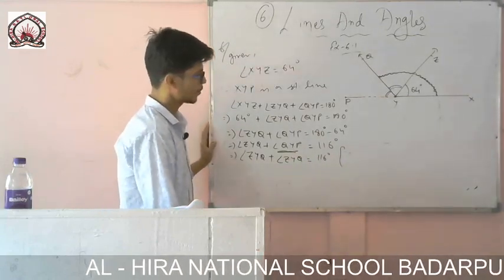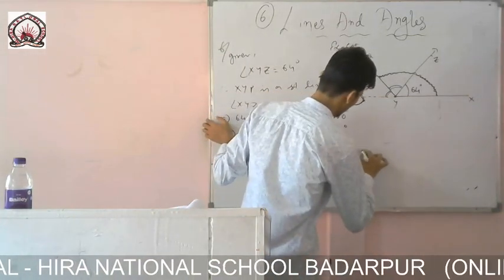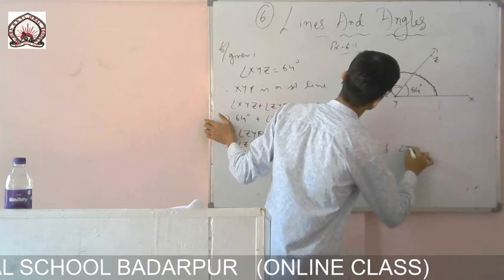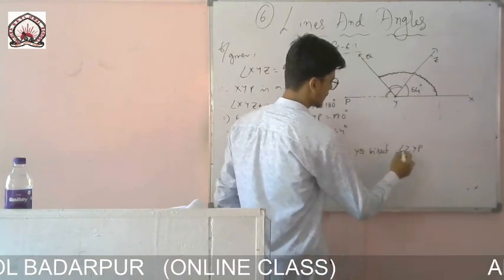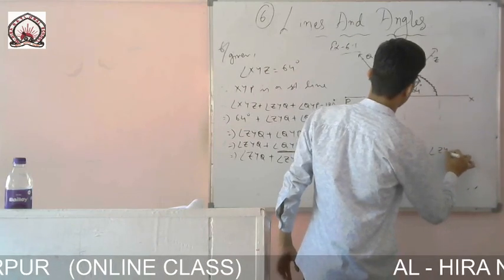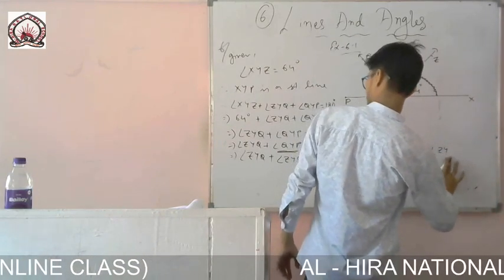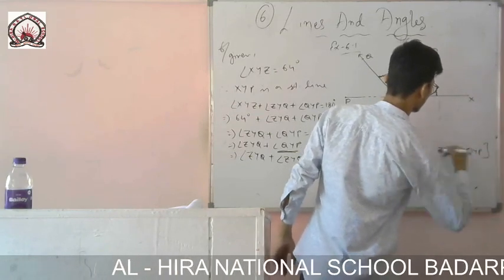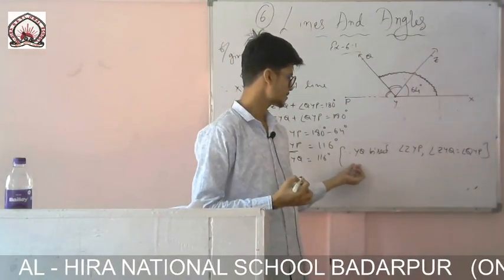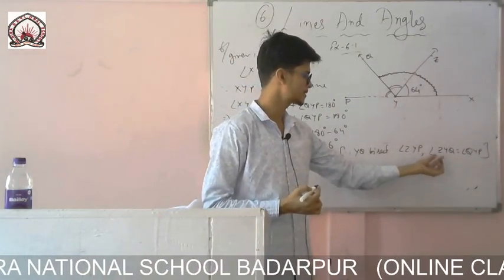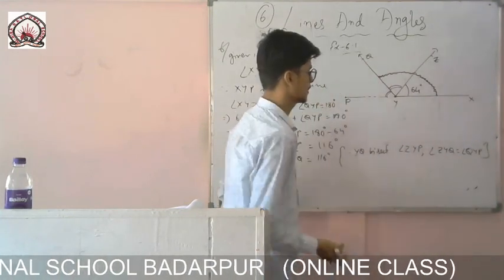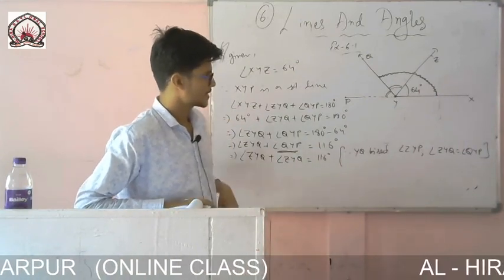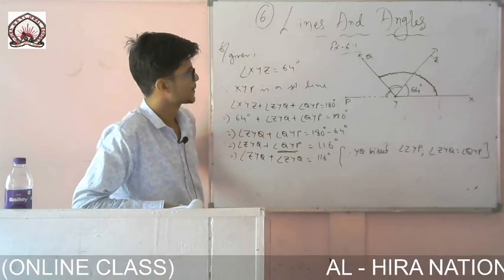Since YQ bisects angle ZYP, that means angle ZYQ is equal to angle QYP.